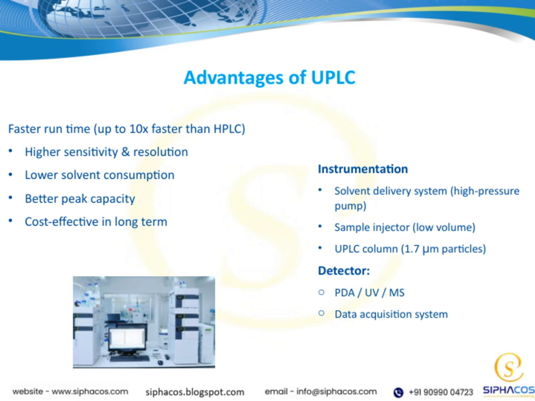Plus, it uses less solvent, making it more environmentally friendly and cost-effective over the long run. The better peak capacity means we can separate more compounds in a single run, improving our overall efficiency. All these factors combined make UPLC not just faster, but also more cost-effective and reliable for high-quality analytical work.